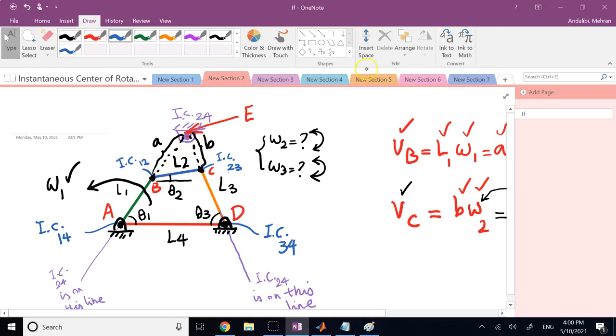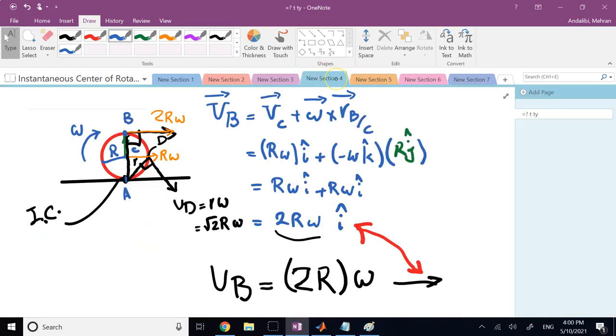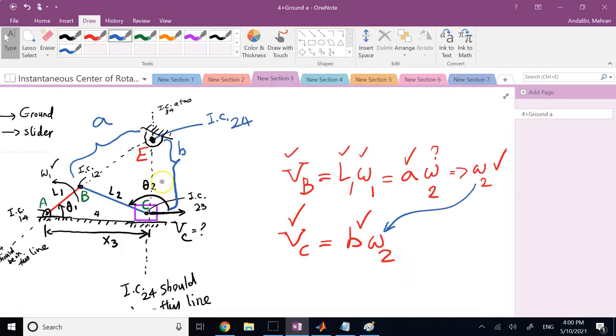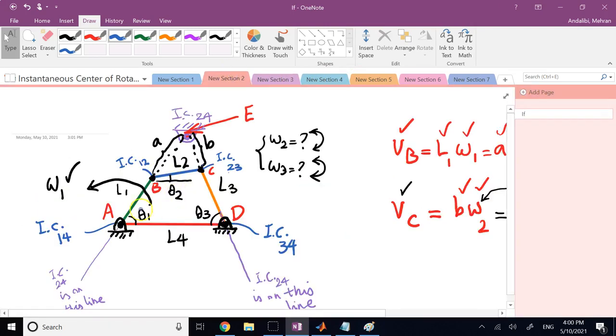So this lecture is complete, but there are other centers if you want to find in the case of a slider crank or in the case of 4-bar linkage, but they are not necessarily useful. I mean, not that you cannot use them, you can use them, but they are not easy to use.